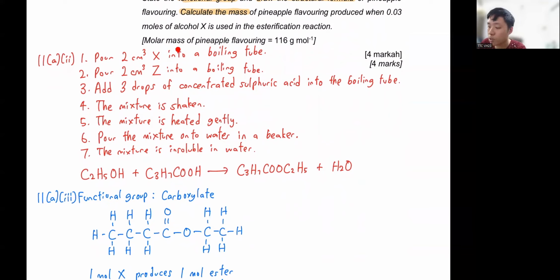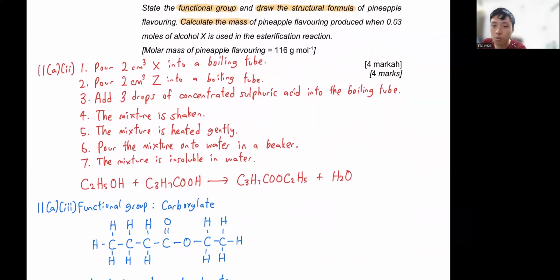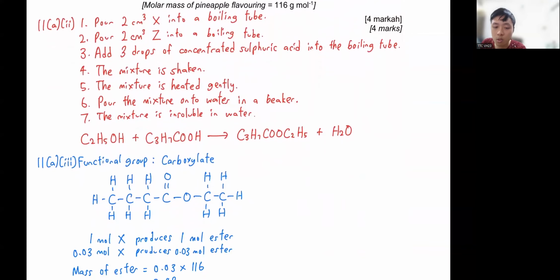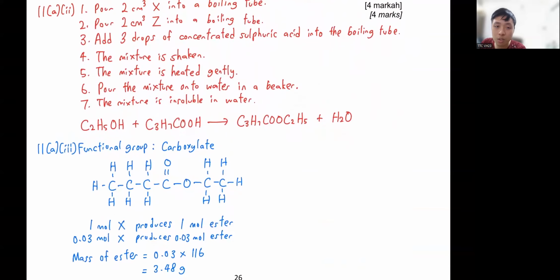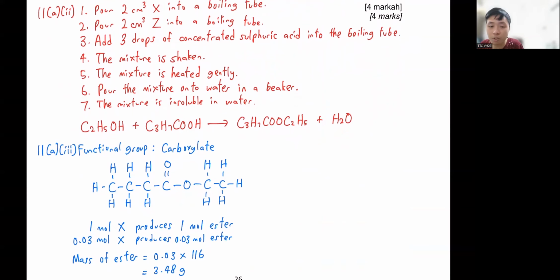They already gave the molar mass equals 116, and 0.03 mole is also given. 1 mole of X produces 1 mole of ester, so 0.03 mole of X produces 0.03 mole of ester. Then mass of ester equals molar mass times number of moles. The molar mass is already given as 116, so the answer is 3.48 g. I think I already said the answer as well.